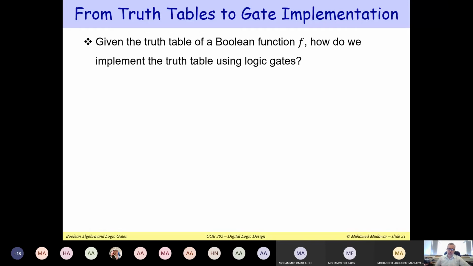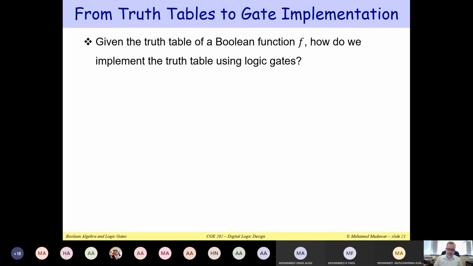So the question is, if you have a truth table of a given function, how do we implement this truth table using logic gates? How do I go from the truth table to the logic gates? Is the question clear? We want to design a circuit that implements a given truth table.